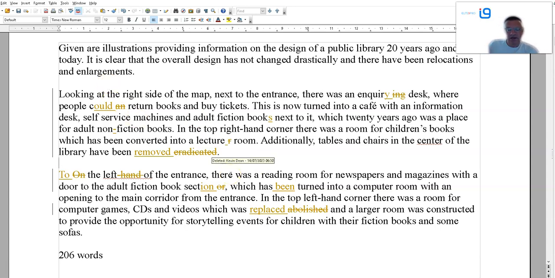So, right side of the map, behind it, top right hand corner, left hand side of the entrance. This one's gone right hand side and at the back, but it's gone all the way back down to the left hand side, reading room, and up to the top left.